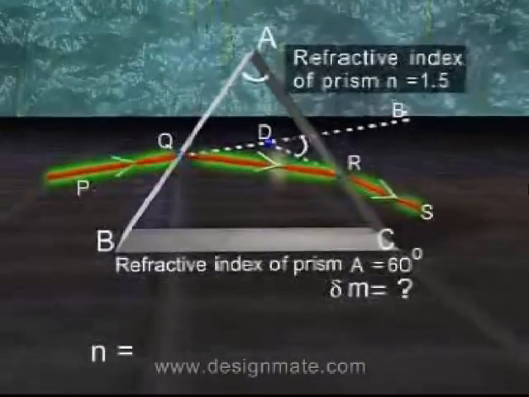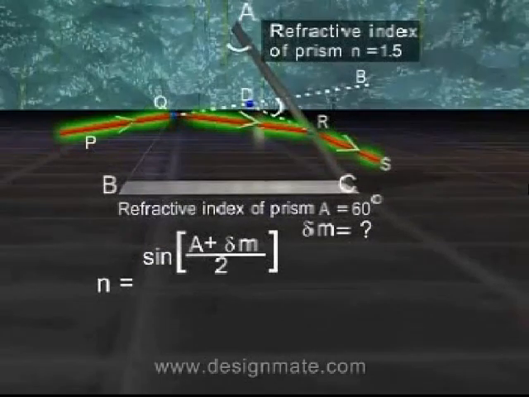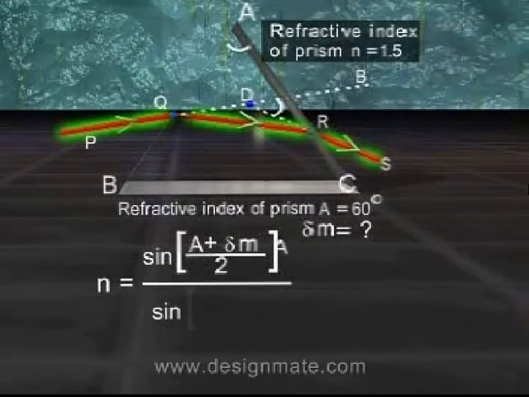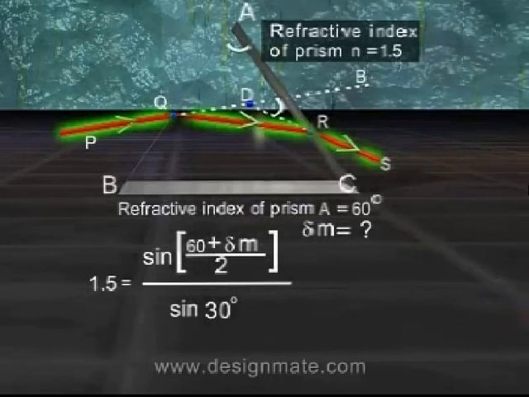N is equal to sin of A plus delta M upon 2, the whole upon sin A upon 2. Substituting the values of N and A in this equation, 1.5 is equal to sin of 60 plus delta M, the whole upon 2, upon sin 30 degrees.